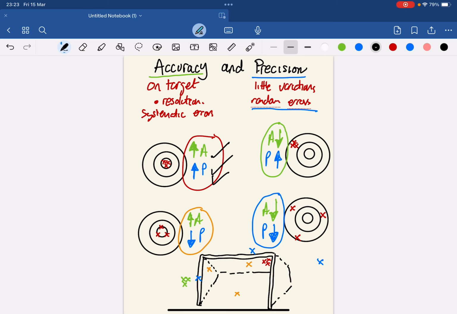And you do lots of repeats and you get a mean, you get an average. I hope that helps explain the difference between the two. And like I say, have another look at the video on resolution and see how that ties into this. This is really important for all of your sciences at GCSE and A level to understand. Good luck.